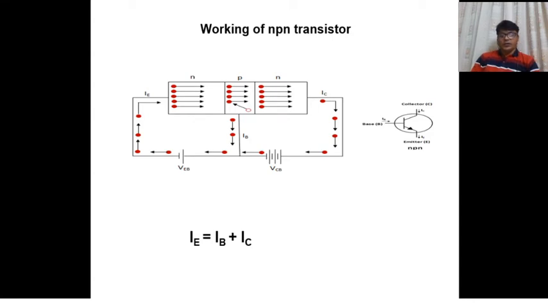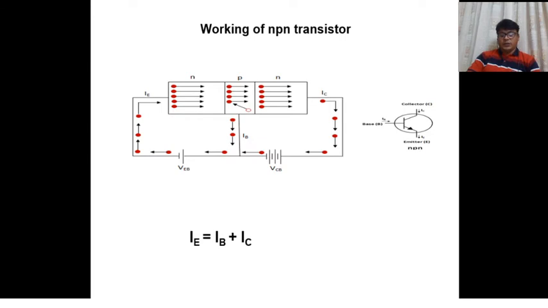The emitter is heavily doped so that it can eject a large number of charge carriers into the base. The collector is moderately doped, whereas the base is lightly doped and very thin, so that less than 5% of charge carriers coming from the emitter recombine with the base and most of the emitter-ejected charge carriers pass to the collector.